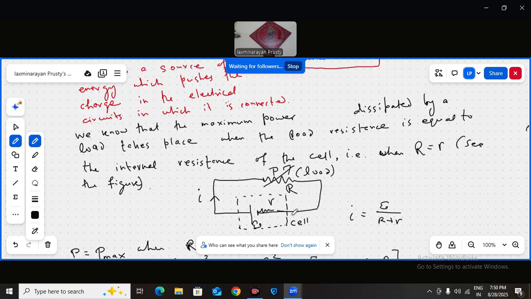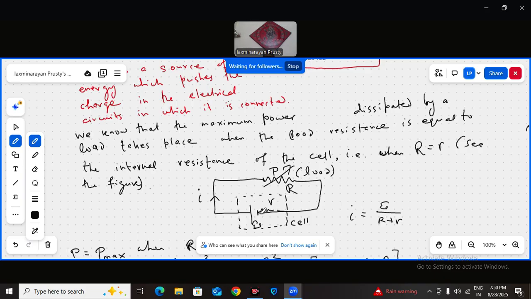This total thing I have shown in a dotted boundary, that is this cell. And this EMF source is the maximum energy that the cell can produce by that so-called non-conservative force, maybe of chemical origin or maybe mechanical origin, maybe electromagnetic origin. We'll discuss that part later.